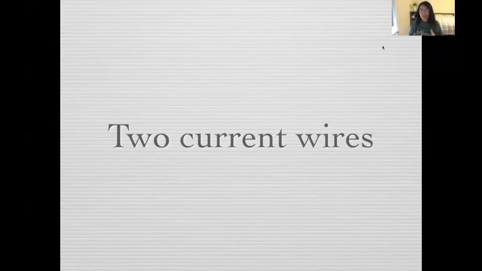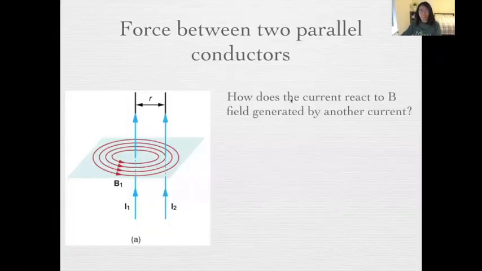All right. So now let's study the physics behind that demonstration. That demonstration is showing how two current-carrying wires react to each other. If you look at this first current, it will create a magnetic field, right?